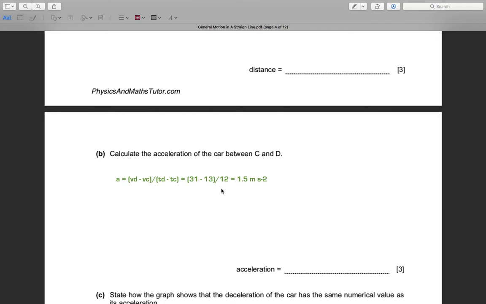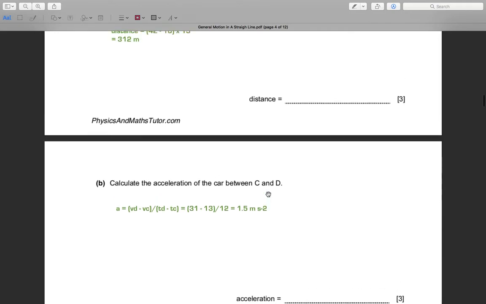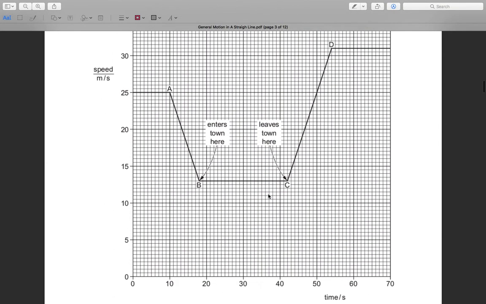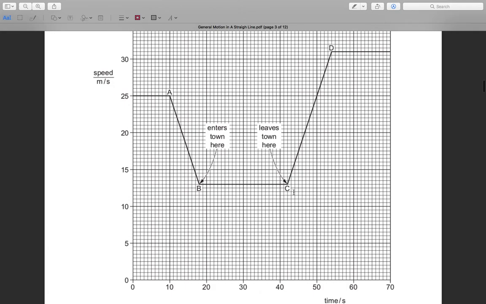So 31 minus 13 divided by 12 equals 1.5 meters per second squared. This is the acceleration between point C and D.